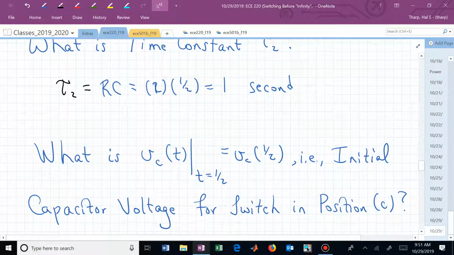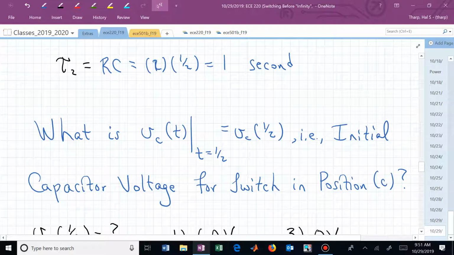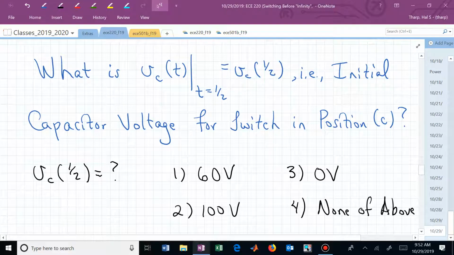What is the voltage at time t equal to 1/2? Or what is V sub c of 1/2? Or that's now, what's our initial voltage when the switch is in position C? Again, we have audience participation.